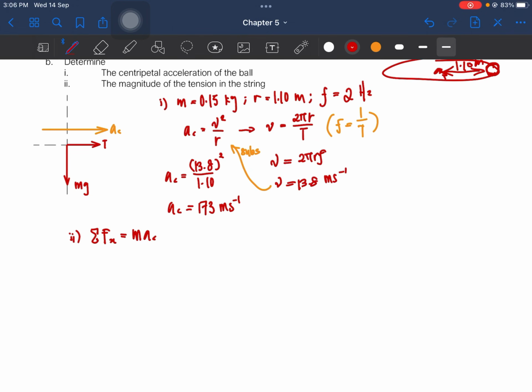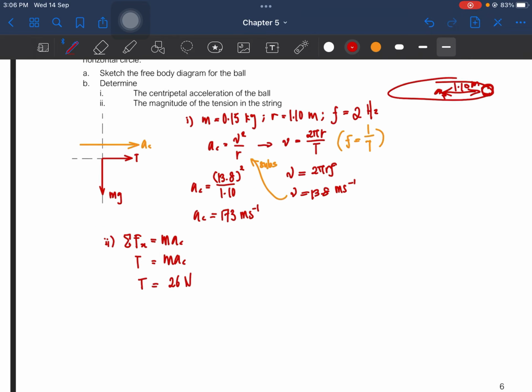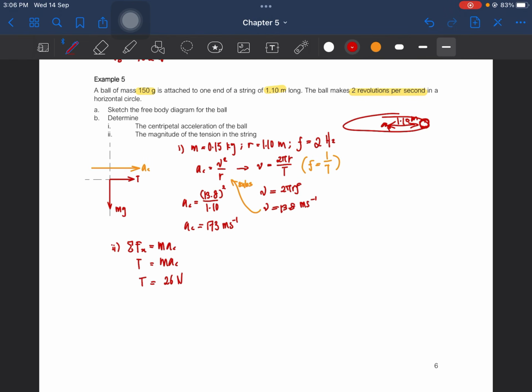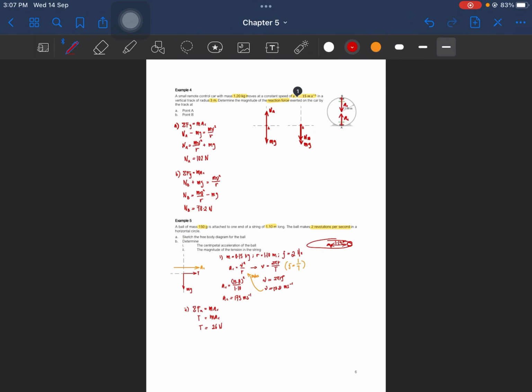So kita perlu cari tension is equal to MAC je lah. MAC. So it is equal to 26 Newton. Okay, itu sahaja untuk example number 5, and that is the end of our chapter 5. Lecture videos for chapter 5.